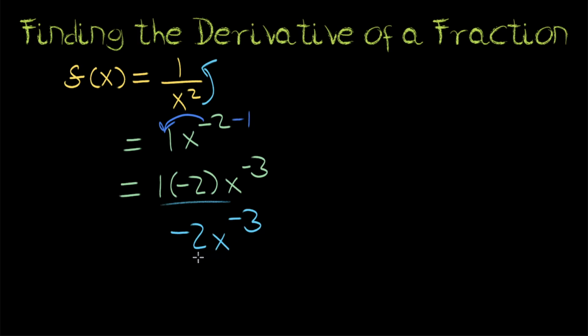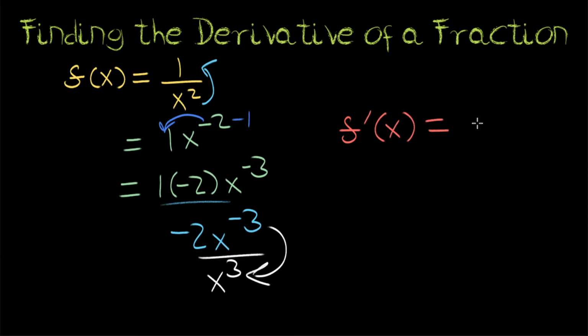We need to draw a line and move it back to the bottom, and that would make it a positive 3. So, in the end, the answer is the derivative, or f prime of x, is equal to negative 2 over x to the 3, x cubed. And that's how you would solve it.